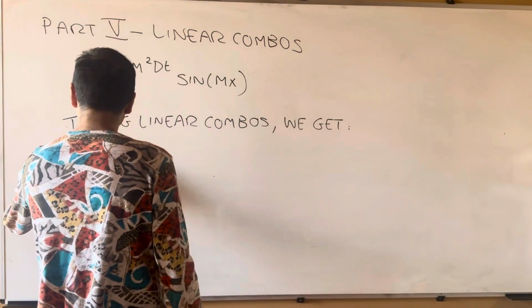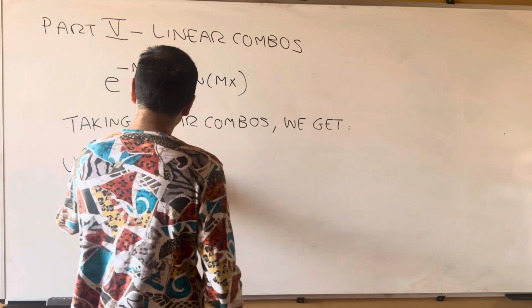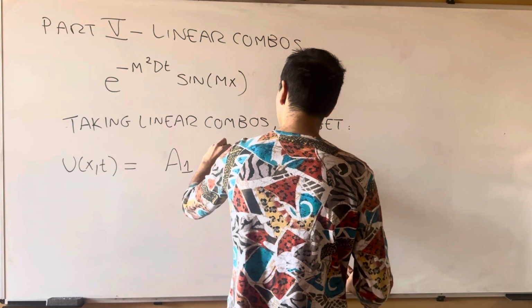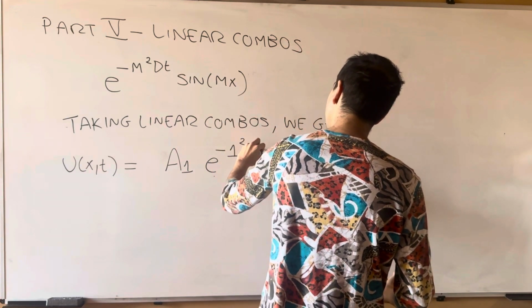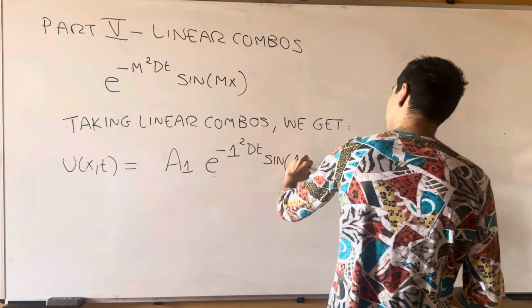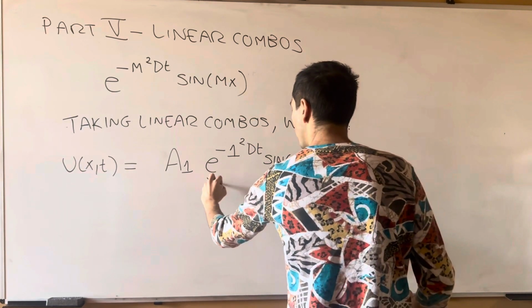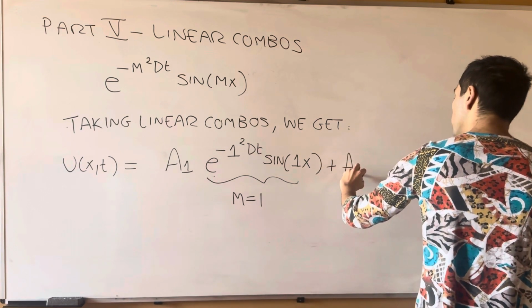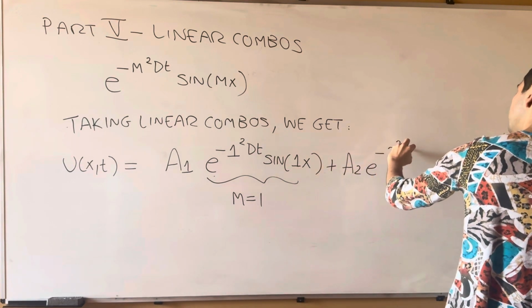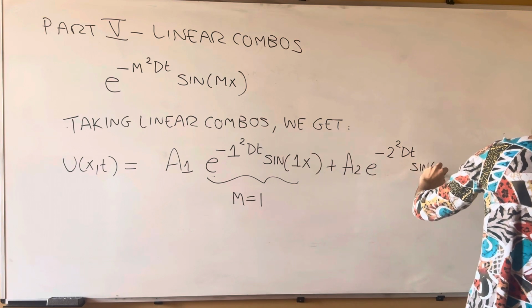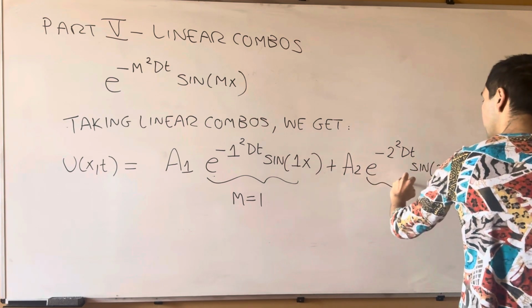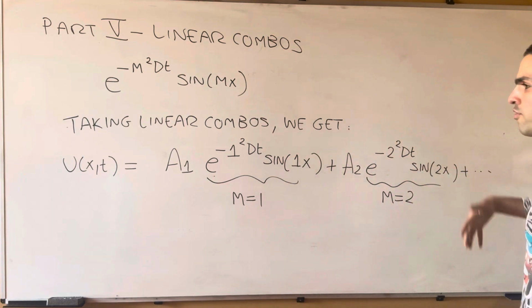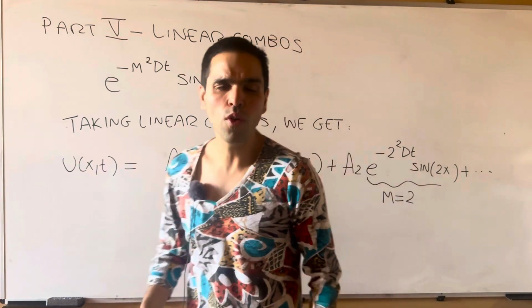So u of xt is some constant a1 times e of minus 1 squared dt sine of 1x. So that is the term for m equals 1 plus a2 e of minus 2 squared dt sine of 2x. And that's the term for m equals 2, etc., for m equals 3, m equals 4.